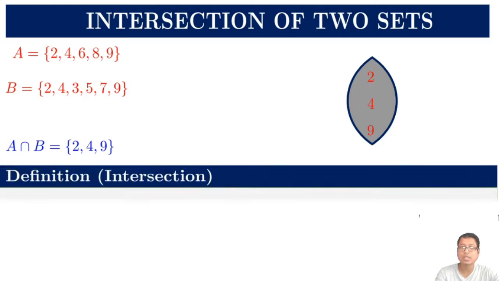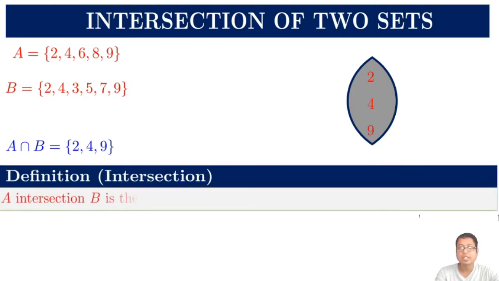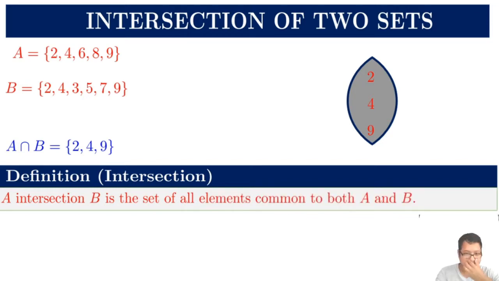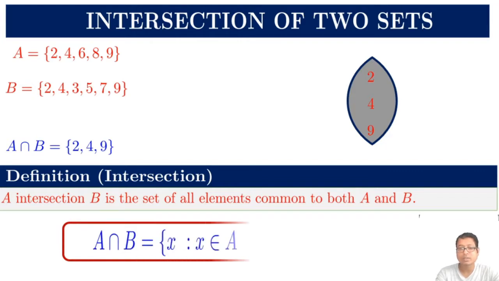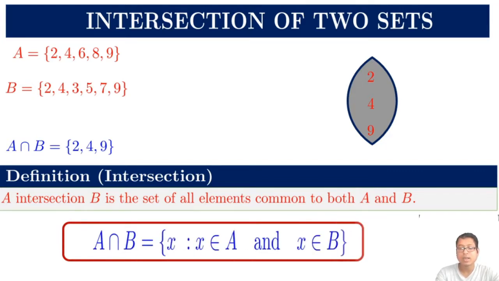So the definition is like this: A intersection B is the set of all elements which are common to both A and B. Mathematically we represent A intersection B by this one, and for union we have the 'or' there, and for intersection always remember, in place of 'or' it is 'and', so it is x such that x belongs to A and x belongs to B.